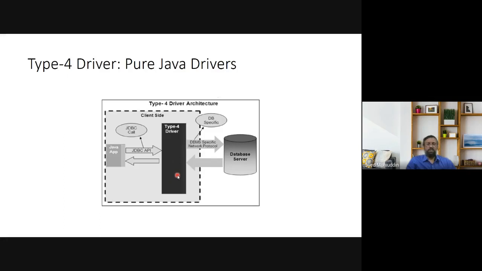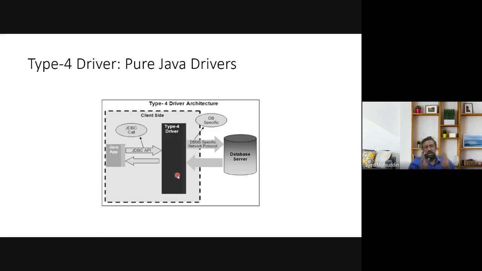But the major disadvantage of this type of driver is that each vendor provides its own specific protocols to access the data. For example, Oracle will provide its own protocols to access the data. MySQL will provide its own protocols or rules to access MySQL data. In the same way, SQL Server: Microsoft will provide its own access in Java.